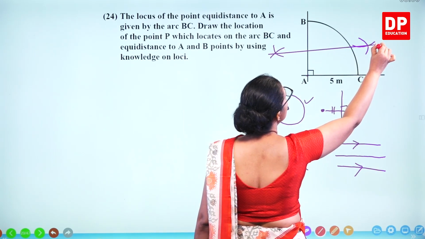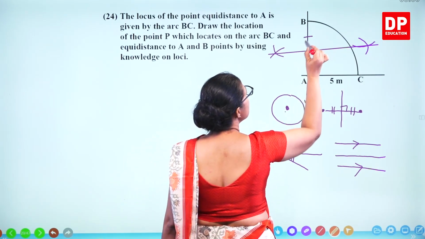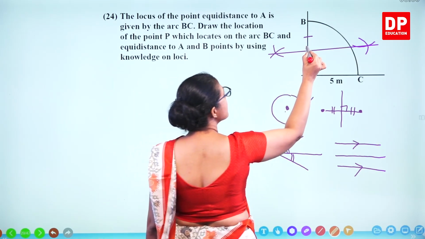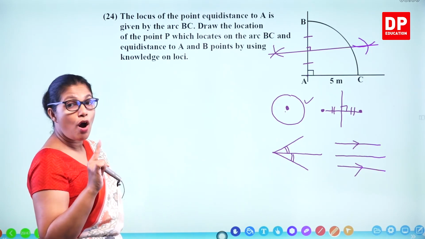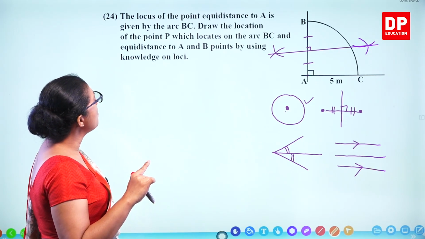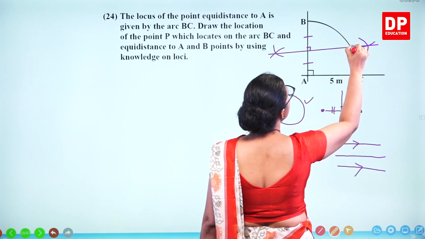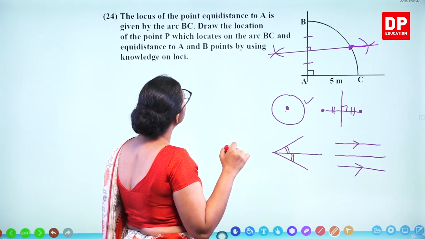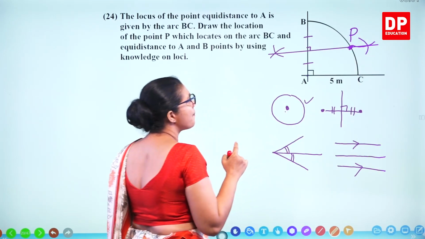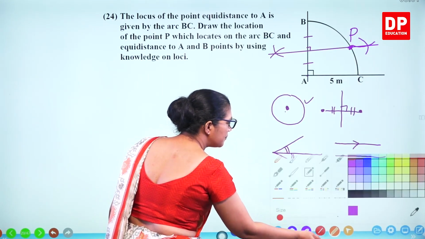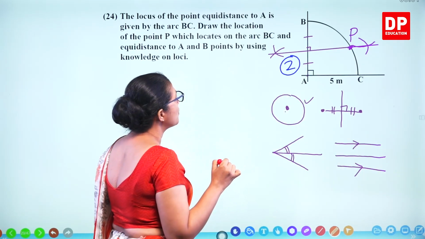That's the perpendicular bisector. That means this length is equal to this length. And this is 90 degrees. The intersecting point of this perpendicular bisector and this arc is the required one. So the locus of a point equidistant to A. So point P is here. So marking correctly with arcs like this, you get 2 marks for that question.